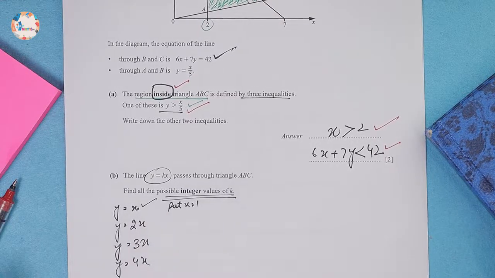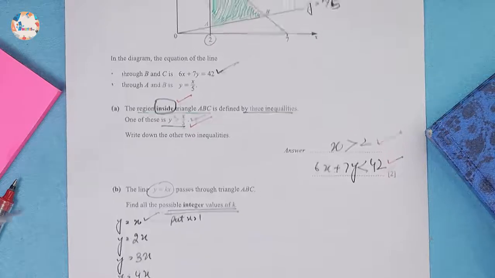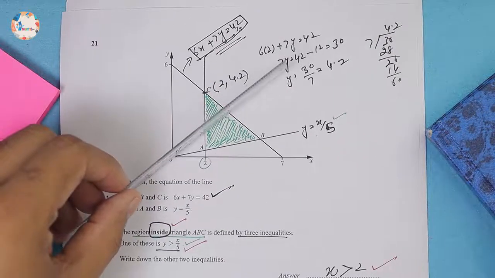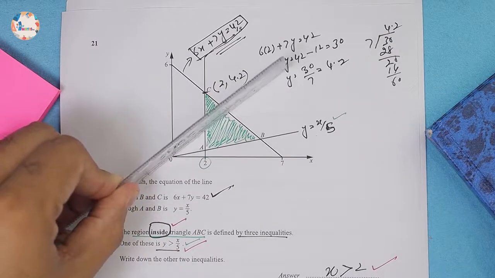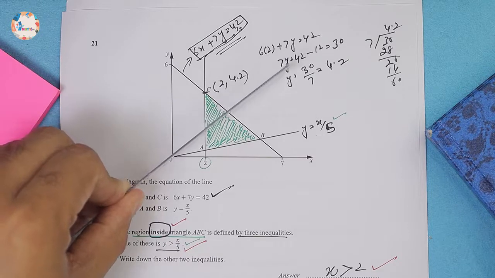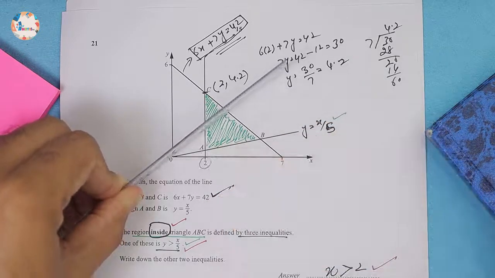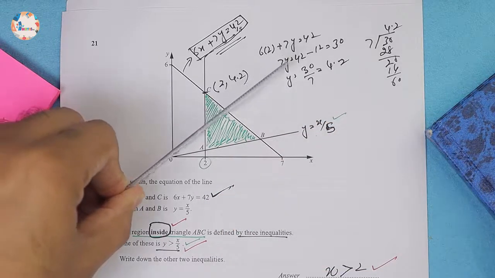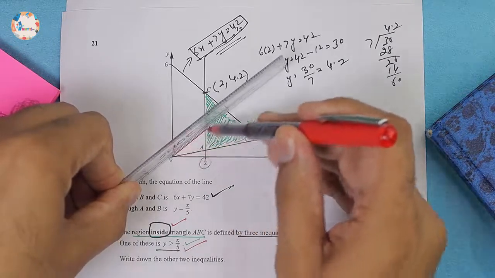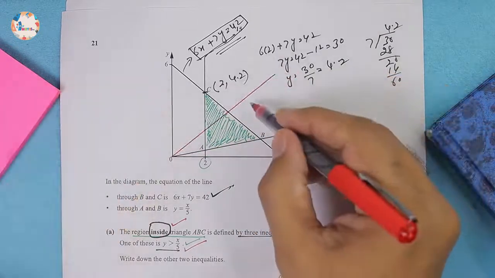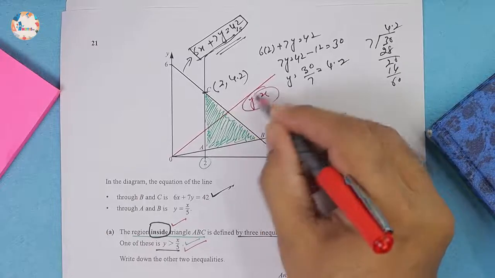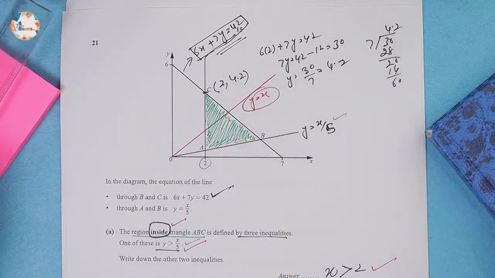This line will be in the middle. For example, over here, the y is equal to x line is in the middle, like this one. If I draw it roughly, this is the y is equal to x line. So this is passing through the triangle.